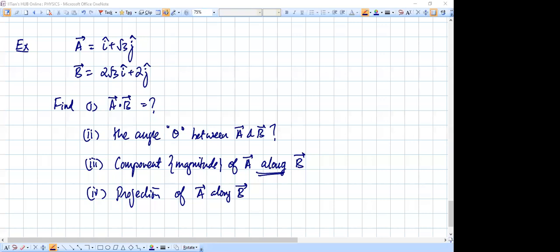So just try to calculate these four things. The first two are very easy. Tell me how much would be A dot B. Just apply the formula for it.